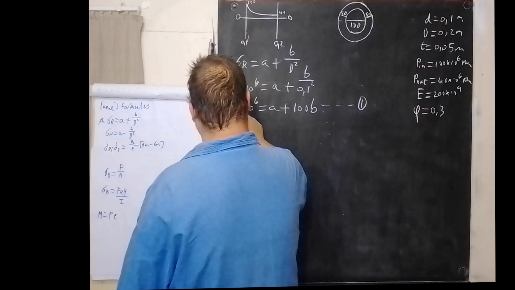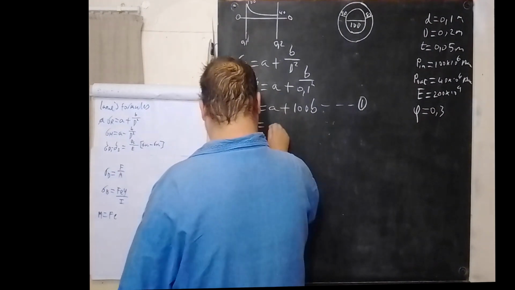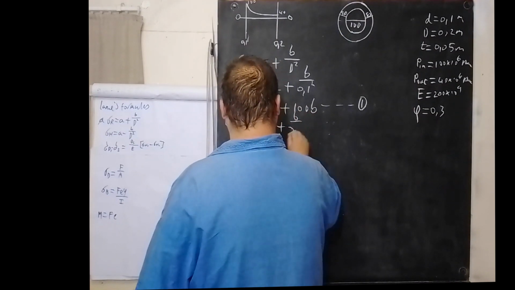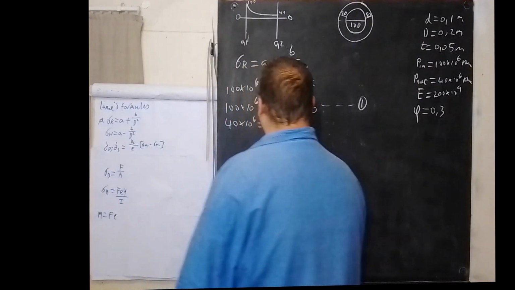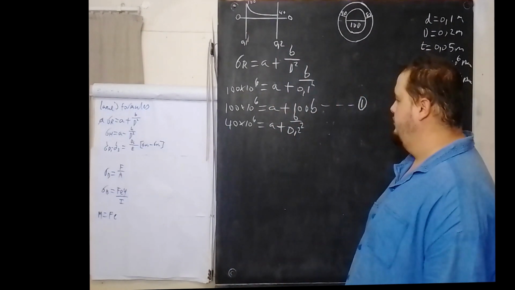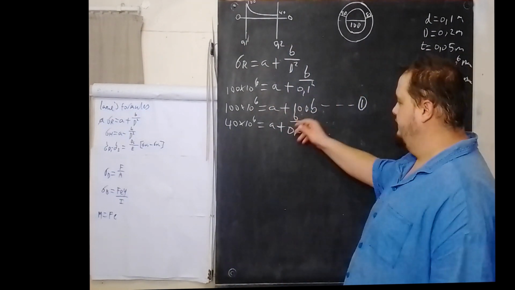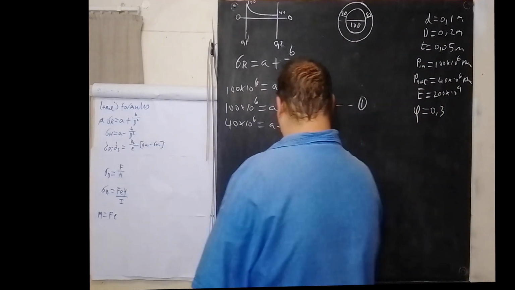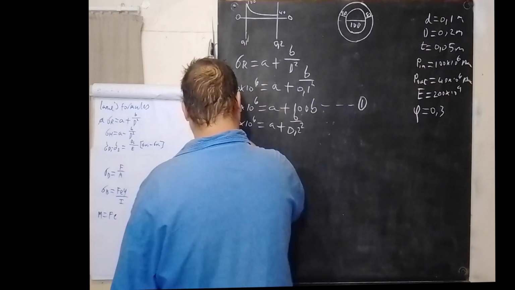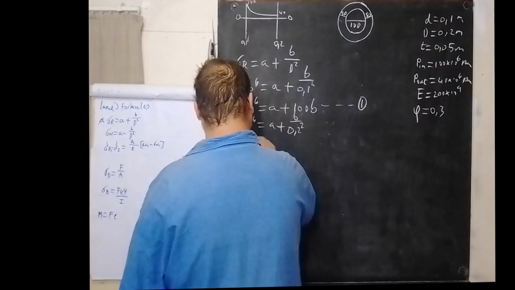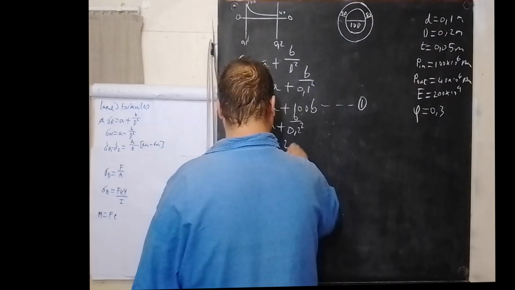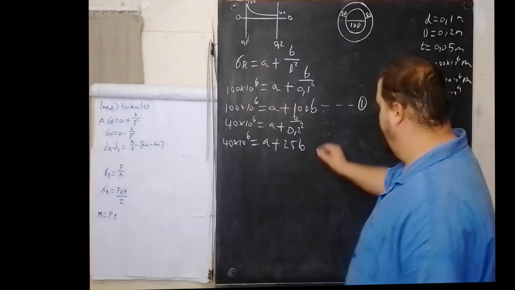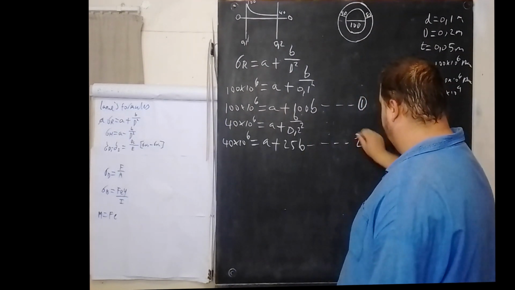So it's 40 times 10 to the 6 equals A plus B over 0.2 squared. Now 1 over 0.2 squared is exactly 25. So 40 times 10 to the 6 equals A plus 25 B. This is equation 2.